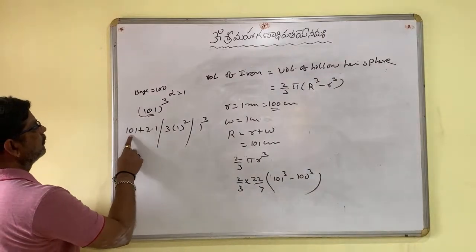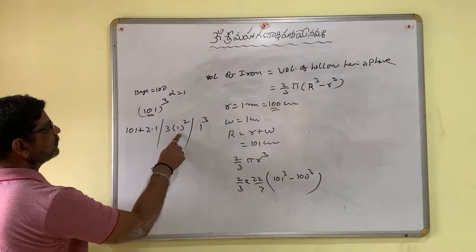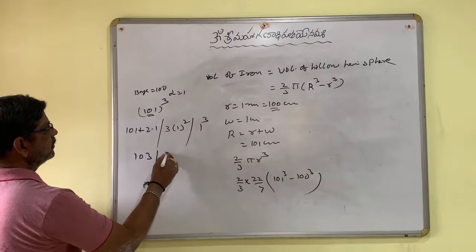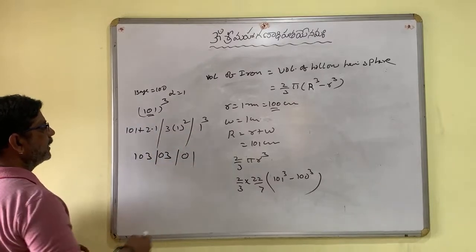So 101 plus 2 into 1, slash 3 into 1 square, slash 1 cube. So this is 103, 03, 01.